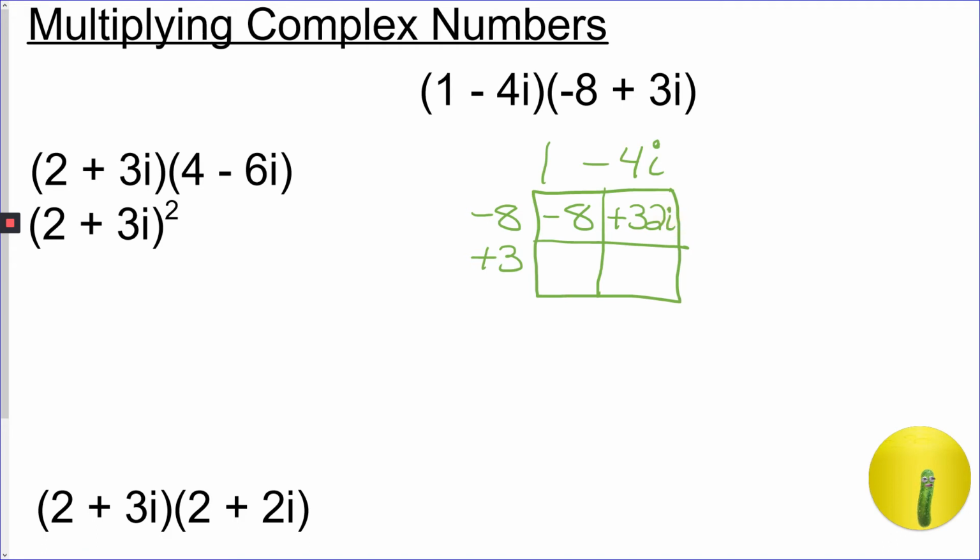Don't forget that when we're doing this problem that negative 4i times negative 8, two negatives turn that one into positive, right? So don't forget that.